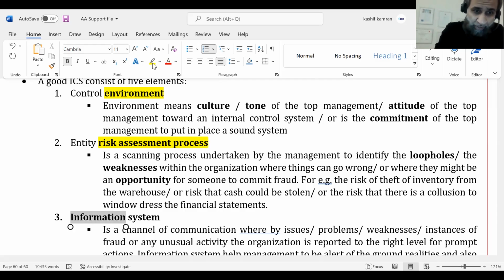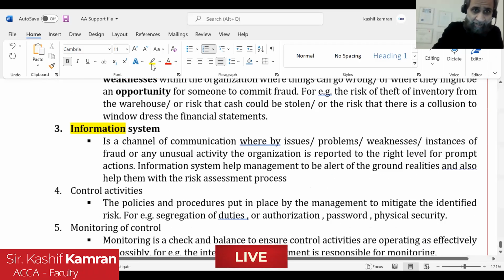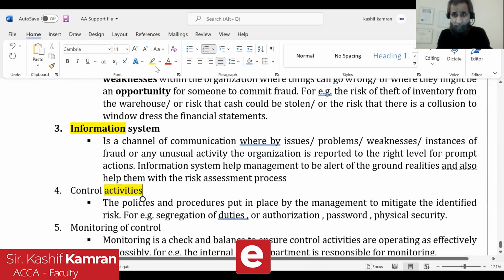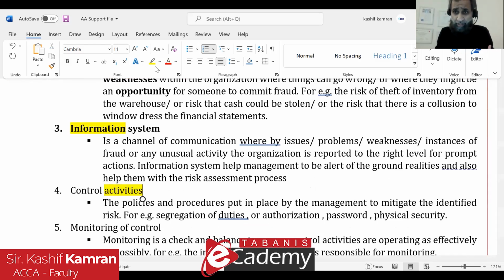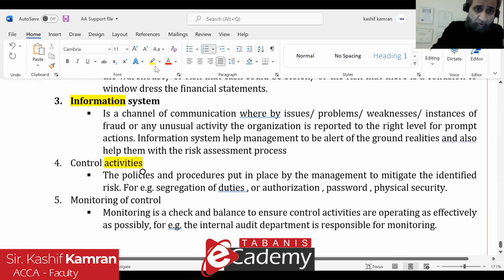Then you should have a proper information system whereby communication can take place about any potential risk happening in the organization. Then you should have proper activities in place so that future frauds, errors or risks can be mitigated. And then you have proper monitoring.